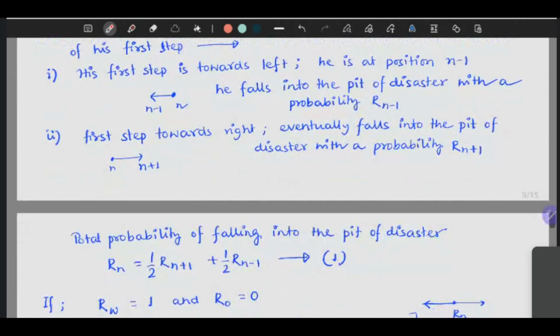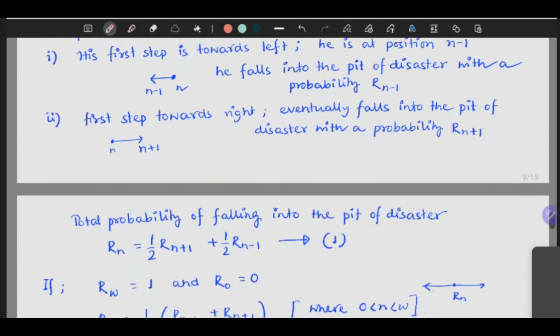Since the probability of going forward and backward is half, the probability of falling into the pit is half times the probability of falling from Rn plus 1, plus half times the probability of falling from Rn minus 1.